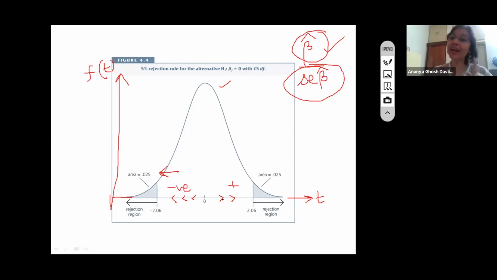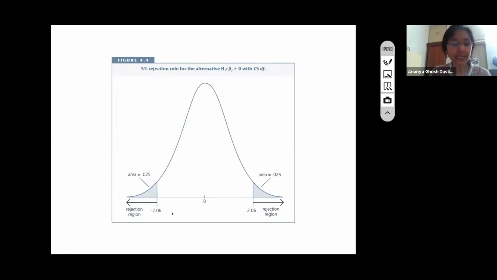If you're doing a hypothesis test, you can see again in my diagram, for a hypothesis test at the 5% level of significance, what does that mean? When I'm doing a two-tailed test at the 5% level, my critical region is equally distributed on both tails, with 2.5% this side and 2.5% this side, right?